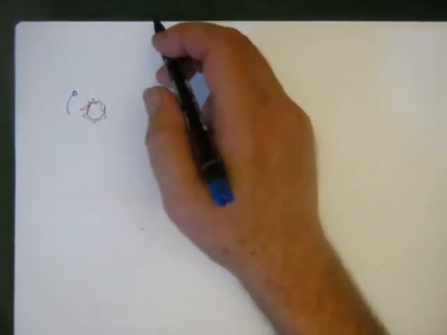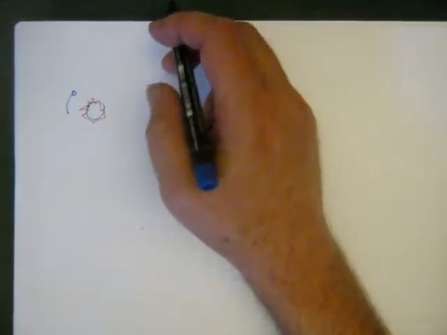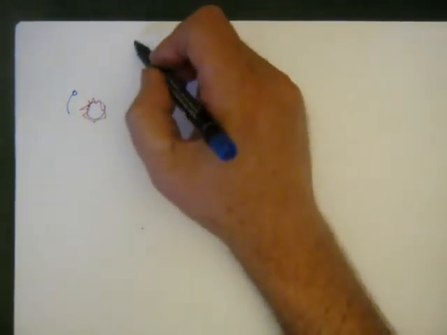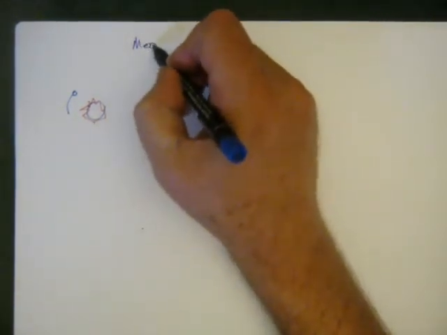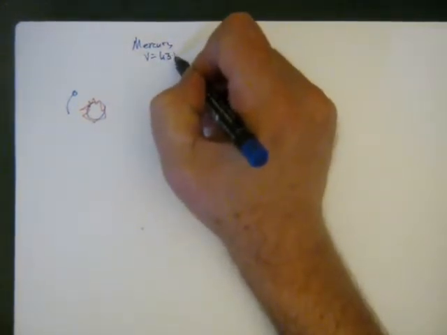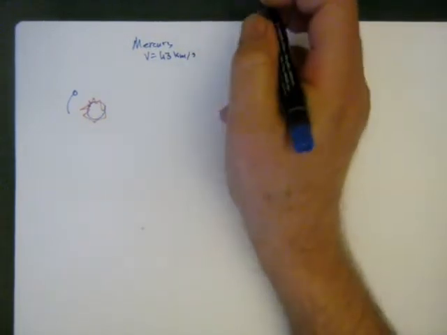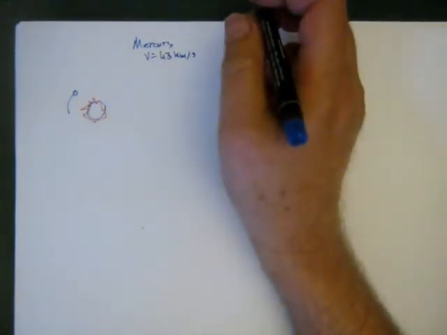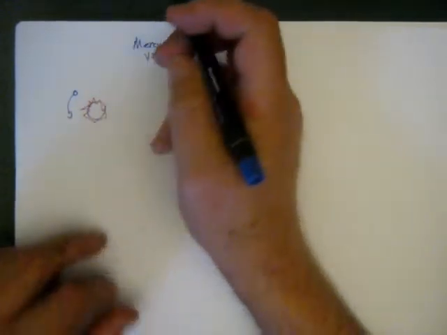It travels at about 43 kilometers per second, V equals 43 kilometers per second, because it's so close to the sun, it's travelling really fast.